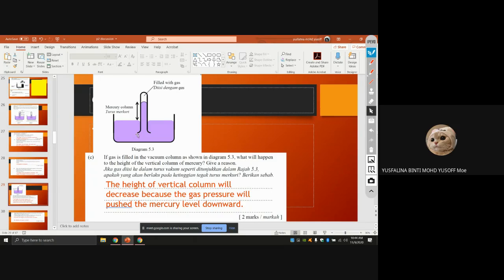If you put the gas in, there will be gas pressure inside here, right? So it will push down the mercury column, and this will decrease the height of the mercury column, because the gas pressure pushes the mercury level downward.